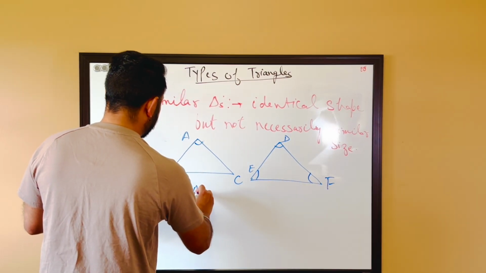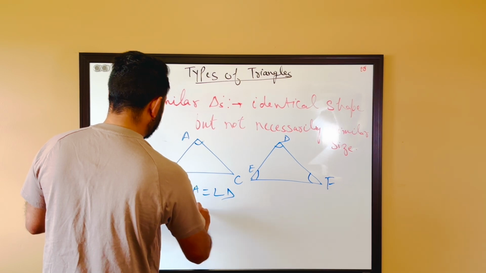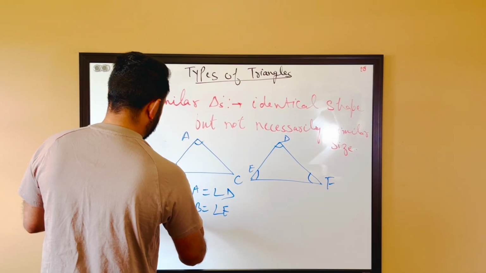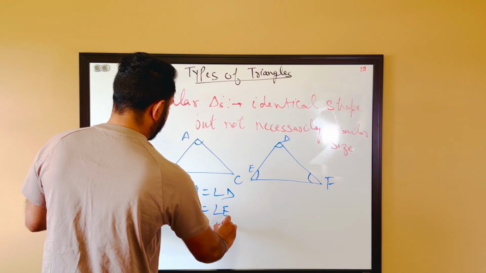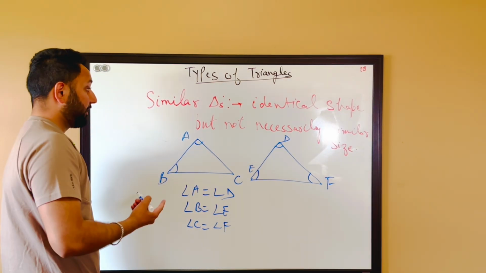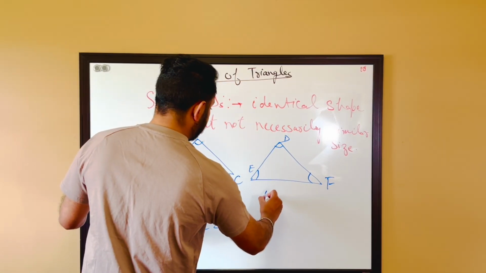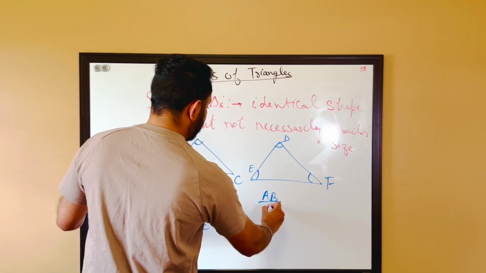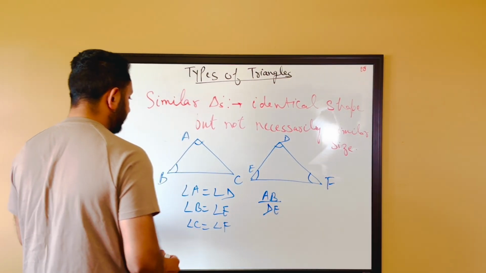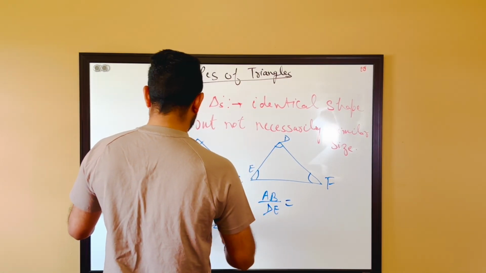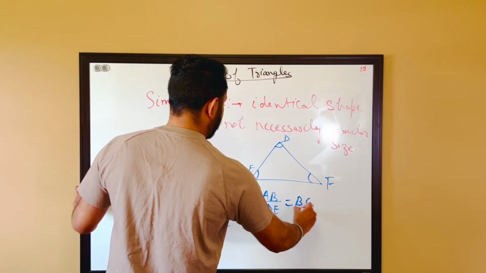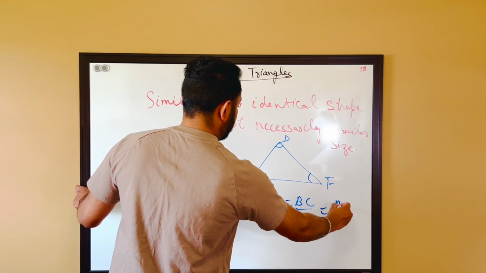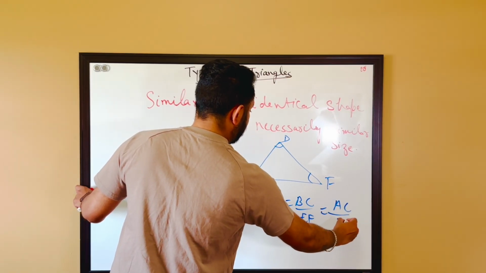Like angle A is equal to D and B is equal to E and C is equal to F. And the corresponding sides are proportional. That means AB over DE and BC over EF and AC over DF.